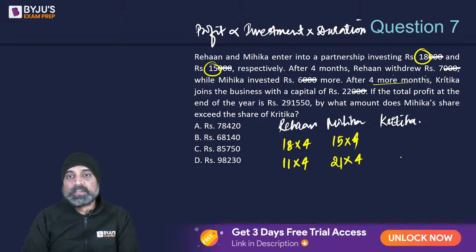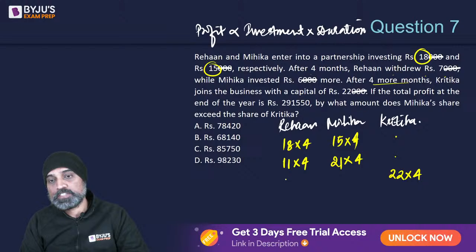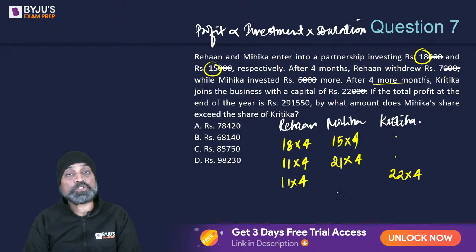And that is going to be for the next 4 months. Right? Kritika hasn't invested as of now. After these 8 months, Kritika joins the business with a capital of 22 rupees. And we're talking about at the end of the year, that is the last 4 months. Which means Rehan's 11 rupees was not just for 4 months. It was also for the last 4 months, and same was true for Mihika.